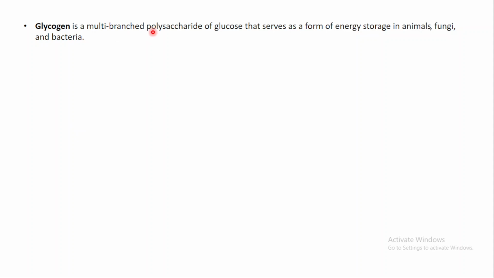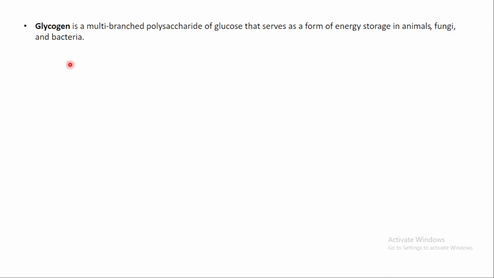Glycogen is a multi-branched polysaccharide of glucose that serves as a form of energy storage in animals, fungi, and bacteria. So glycogen is the molecule of energy storage, and it is a polysaccharide molecule. Polysaccharide means there are multiple units of sugar or saccharide molecules which are joined in a polymer.